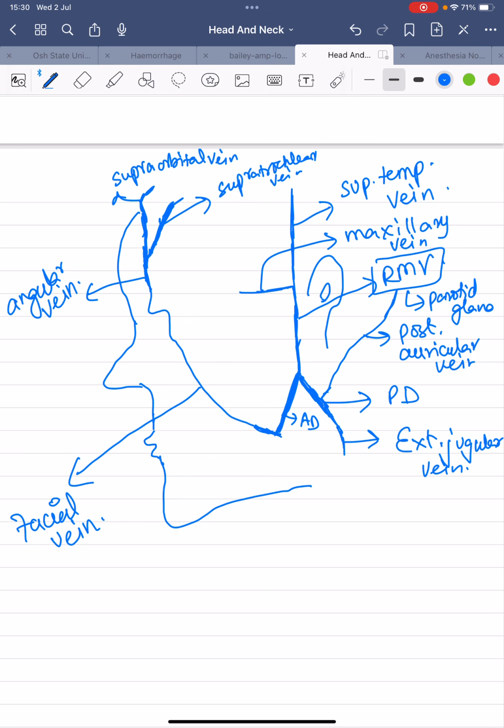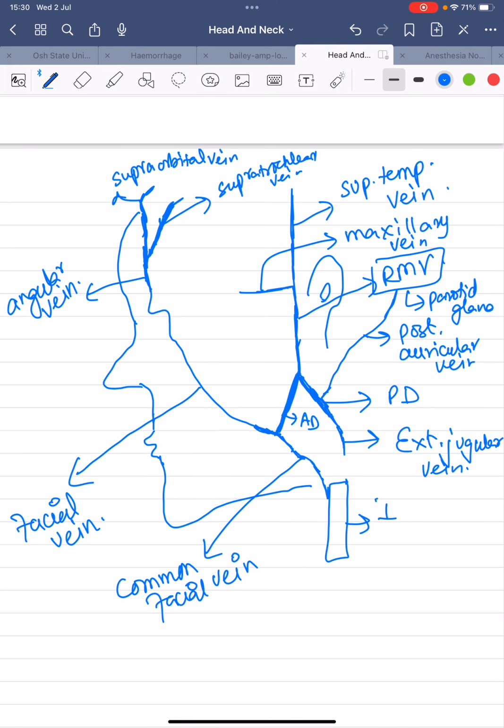And when the anterior division joins the facial vein, it is going to form this vein, which is known as the common facial vein. Which vein? Common facial vein. And this common facial vein is going to drain into your internal jugular vein.